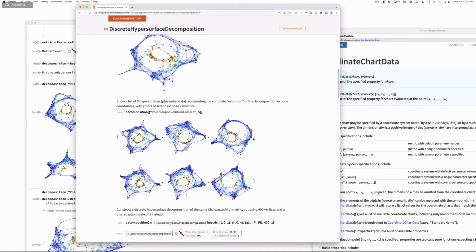Okay, but let me understand this. You compute the Weyl tensor, and how should I understand this? What's a simple analog of this?